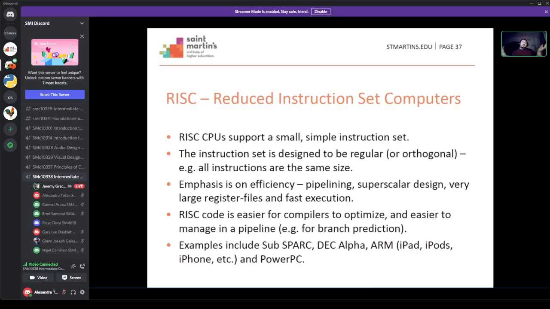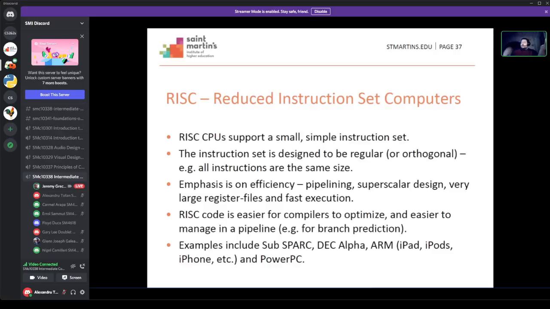So essentially, if you're talking about a complex instruction set computer, you're talking about an architecture which can handle very complex instructions very easily, but really can't handle simple instructions as easily.